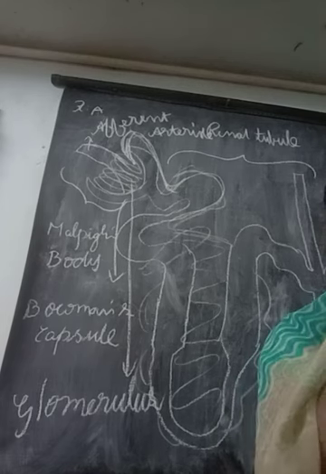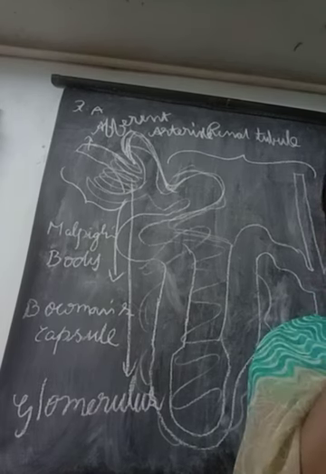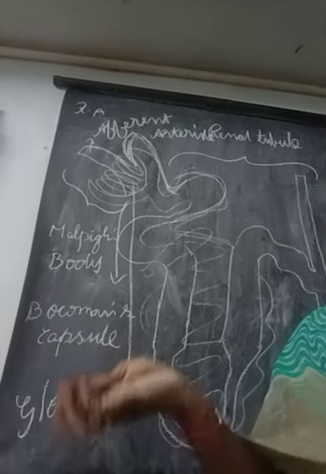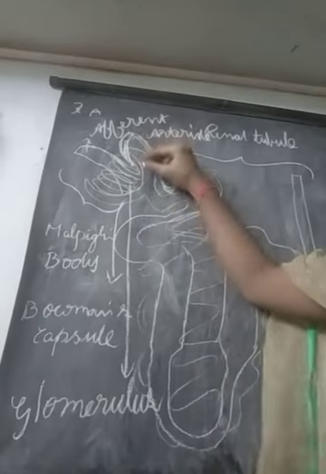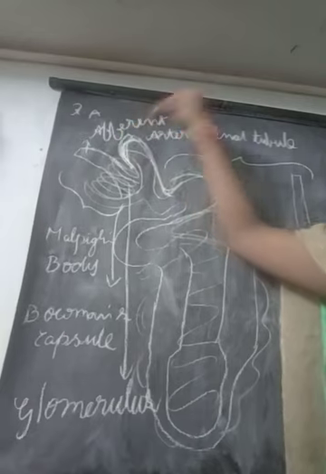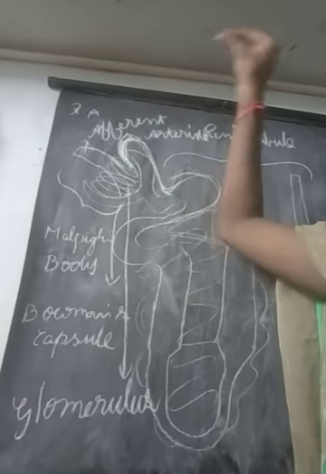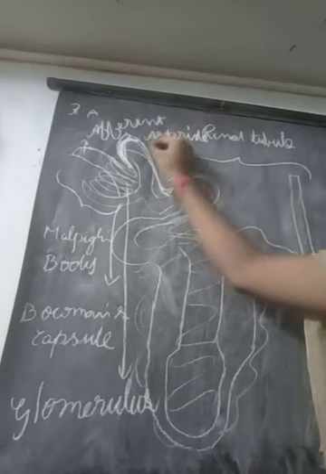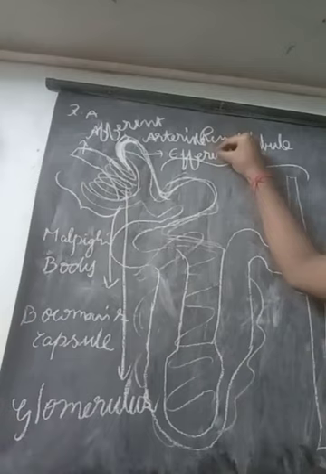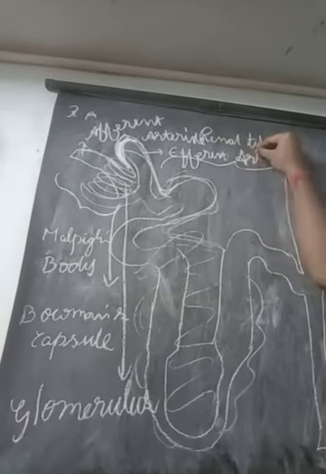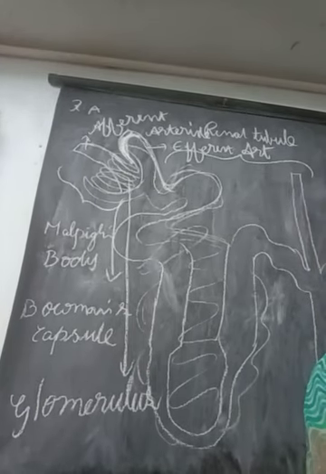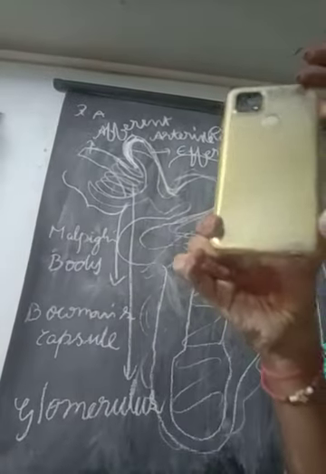The arteriole enters into the Bowman's capsule and forms a bunch called the glomerulus. After forming the bunch, it exits the Bowman's capsule. Exit means coming out. It comes out of the Bowman's capsule as the efferent arteriole. See, Nana, I am bringing my mobile near.